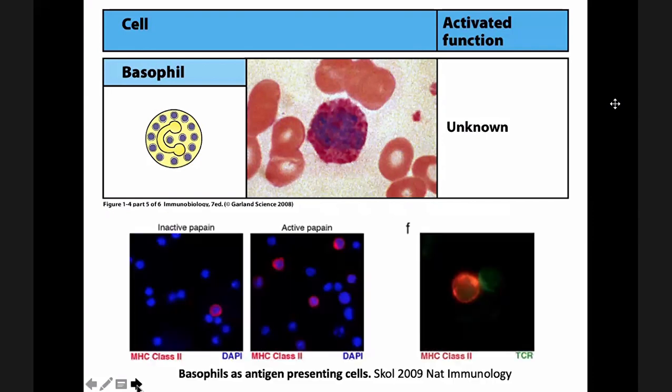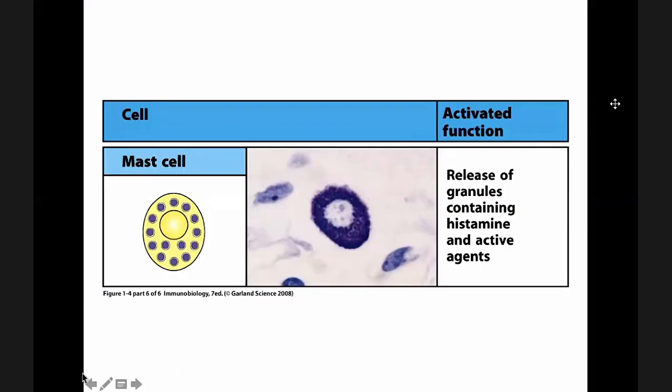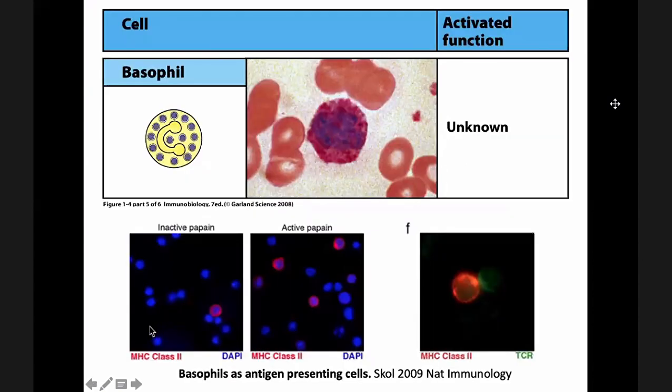But in a report published again in Nature Immunology in 2009, they showed that basophils can serve as good antigen presenting cells, although their number is too low. So you don't really call them professional antigen presenting cells as you do for macrophages, dendritic cells, and B cells.